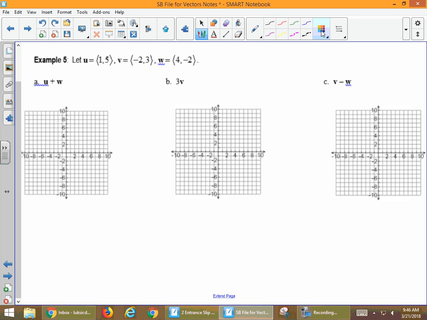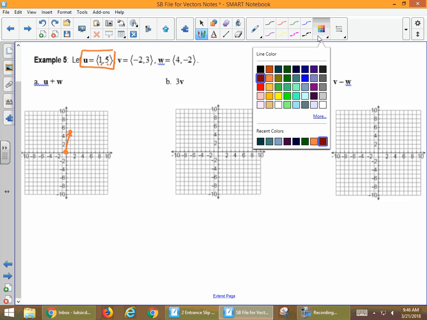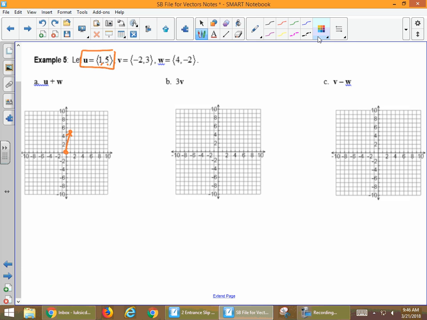So if I'm going to add 2 vectors, I like to start at the origin and draw my first vector. So if I'm going to add u plus w, I'm going to start with u, and I'm going to draw it starting at the origin. So that's going to be right 1 up 5. Those are the components. And then to do plus w, instead of starting at the origin, which is I think what you would do if you're using the parallelogram method, you start at the tail of your original guy and go whatever your directions are.